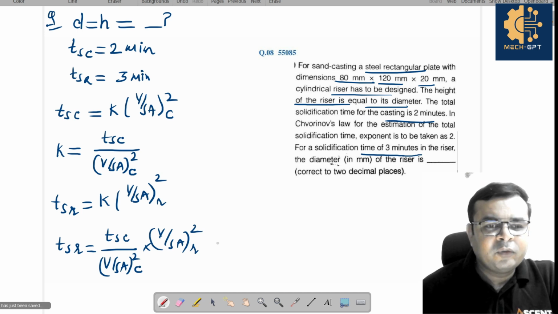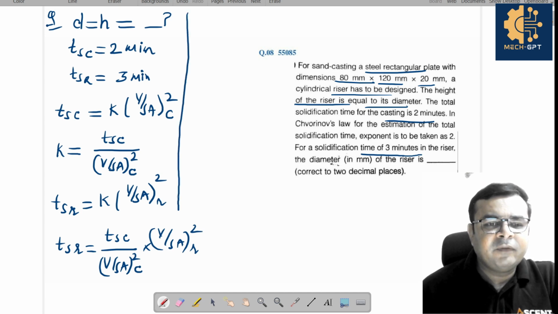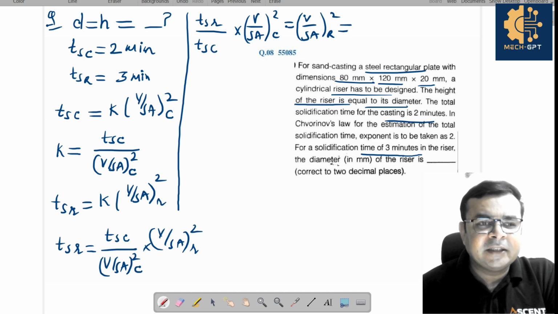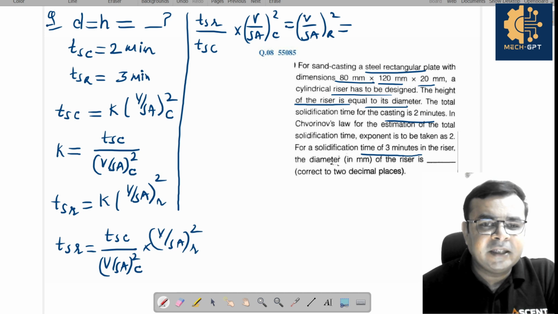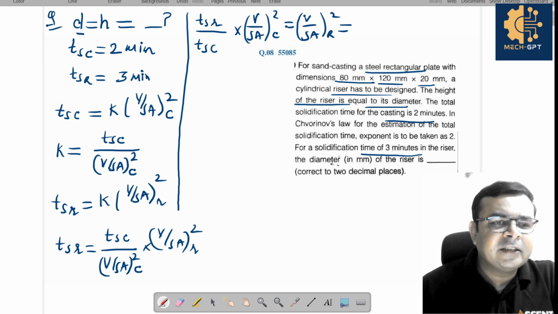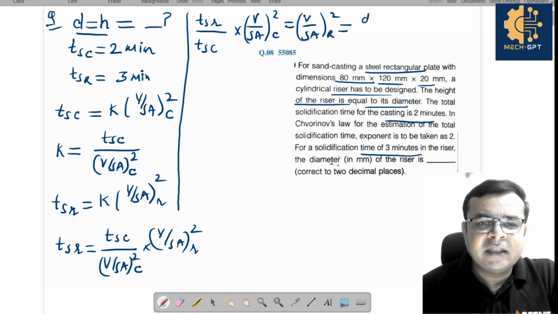Yes or no? So from this formula, if I put these values, we get TSR, the solidification time of riser, over the solidification time of casting, into (V by SA) of casting whole squared, equal to (V by SA of riser) whole squared. If I assume this is a top riser, because it is not mentioned here, then if diameter and height remain the same for the cylindrical riser, V by SA is d by 6.